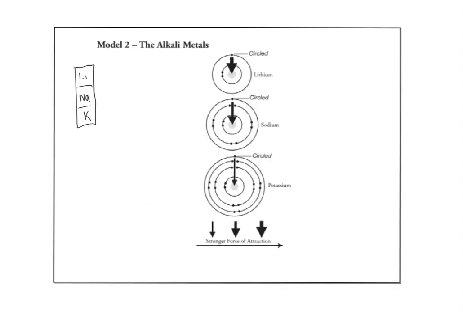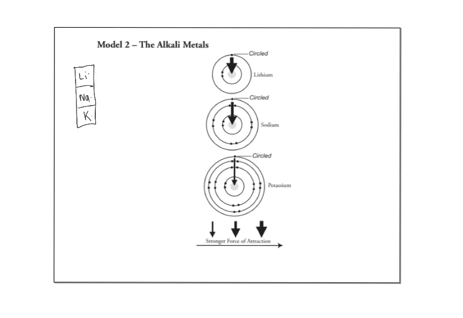All right, if you look at this picture, I have a Bohr model of lithium, a Bohr model of sodium, and a Bohr model of potassium. These are alkali metals. So I'm looking in the first column of the periodic table, and all three of these, I kind of just drew my little periodic table, lithium, then sodium, then potassium, right on top of each other. Okay, here's some things that I noticed.